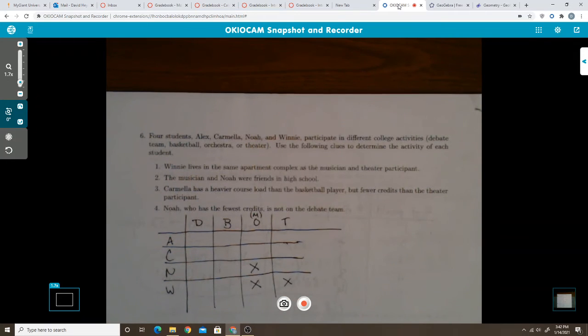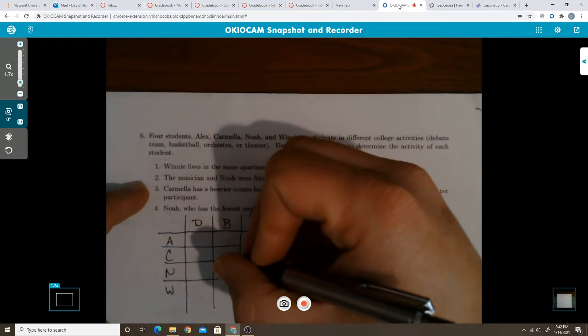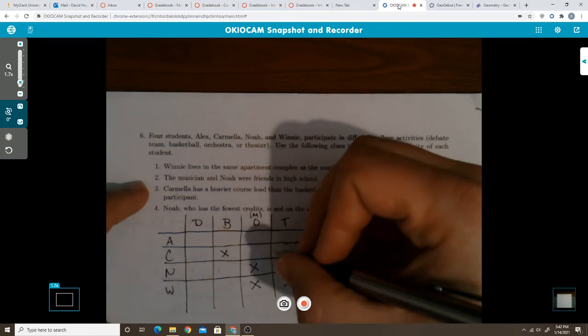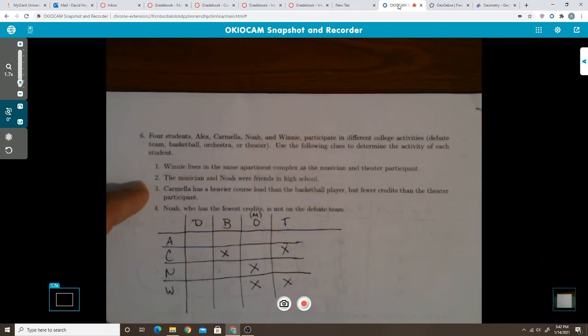Musician. Okay. Third clue says Carmela has a heavier course load than the basketball player, but fewer credits than the theater participant. So she has a heavier course load than the basketball player. That means Carmela is not the basketball player. Fewer credits than the theater participant, so she's not in theater.